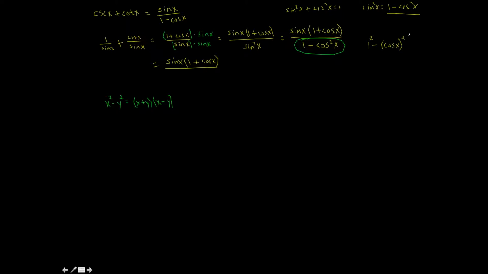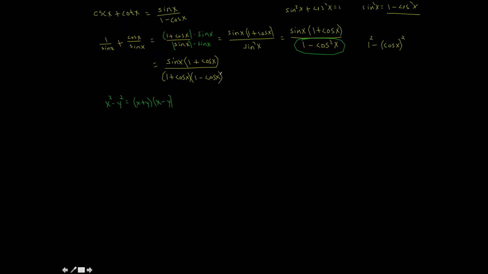This is our difference of squares. Those are one and the same, okay? So this factors into 1 plus cosine x times 1 minus cosine x.